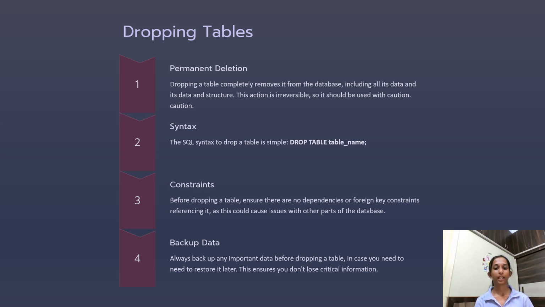Constraints. Before dropping a table, ensure that there are no dependencies or foreign key constraints referring to it, as this could cause issues with other parts of the database. And the fourth point is backup data. Always back up any important data before dropping a table. In case you need to restore it later, this ensures you don't lose critical information.